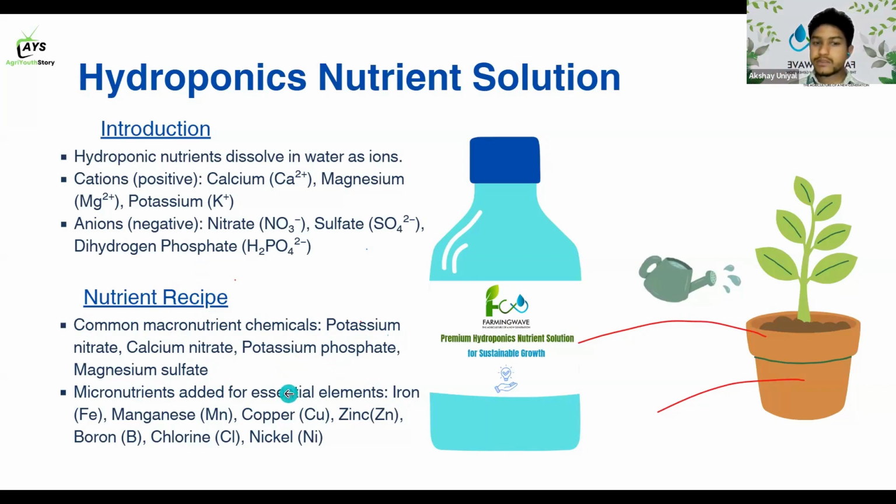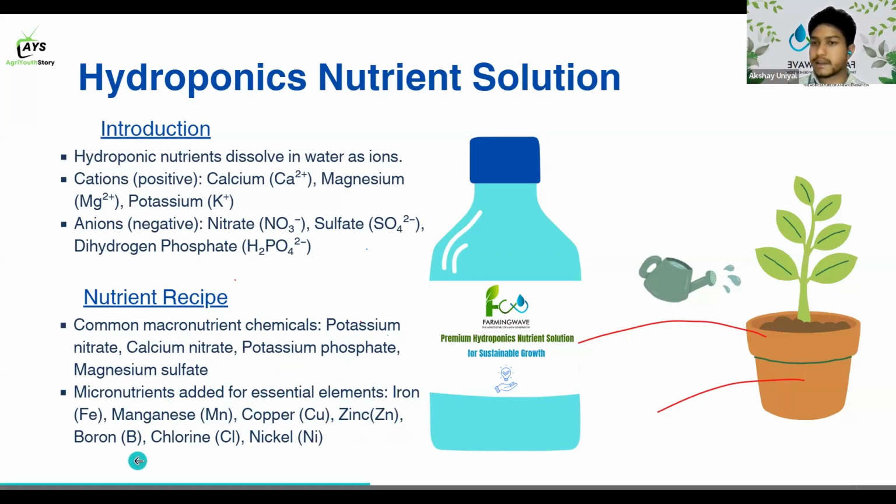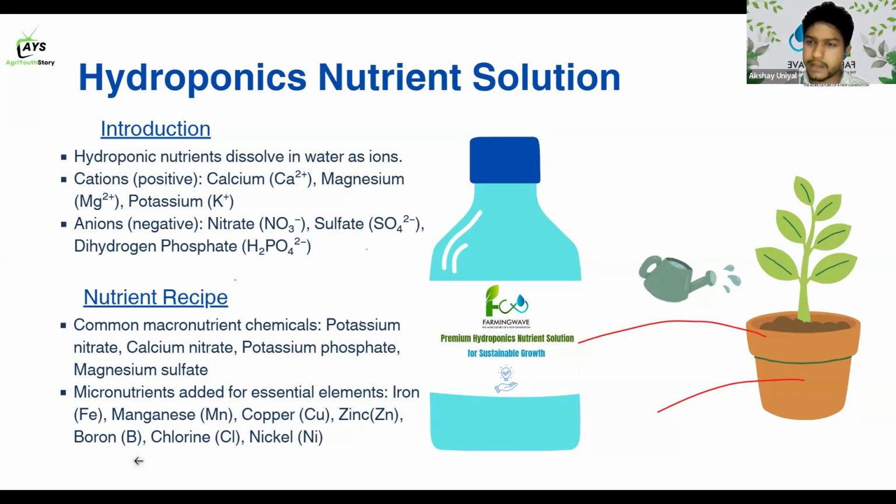The micronutrients are also added in such a way that they are a mixture of iron, manganese, copper, zinc, and boron. Are any of you students of BSc agriculture or BTech agriculture engineering, or something related to agriculture? If you have a graduation in that, you might recognize that there are two kinds of nutrients that a plant requires: macronutrients and micronutrients.